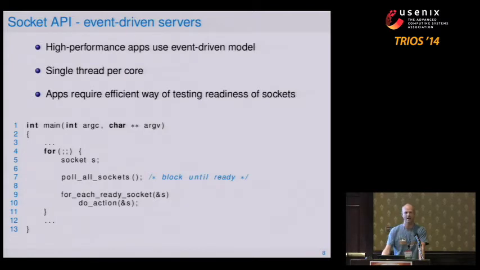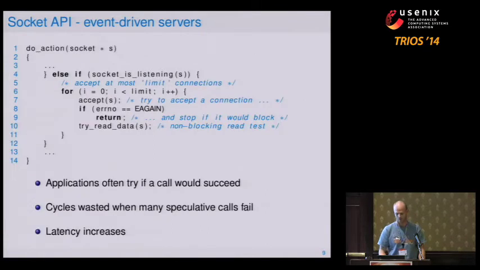If we have a busy application, we know that some of the sockets will be ready when we test, but we don't know which of the sockets and we don't know how many. For that, we have to ask the operating system. Once we know which sockets are ready, we carry out some action determined by the state machine of the application. So we have to be able to test the state of the sockets efficiently.